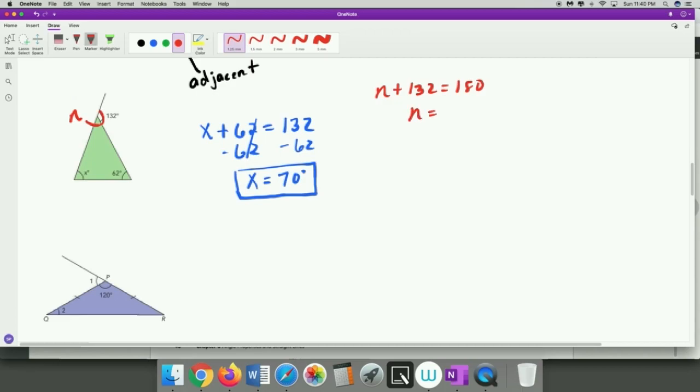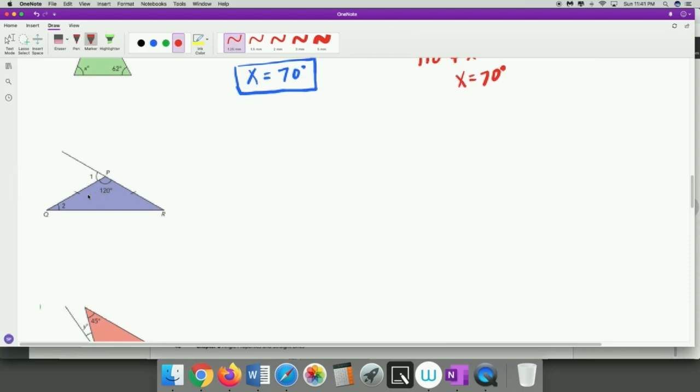So n is equal to 48 degrees. So if I know that this angle right here is equal to 48 degrees, I could then find the value of x just by saying, well, 48 plus 62 plus x equals 180. 48 and 62 is 110, plus x equals 180, and then of course I subtract 110 from both sides. I wind up with x equals 70. So that's the long way to do it, but it works. So this one.